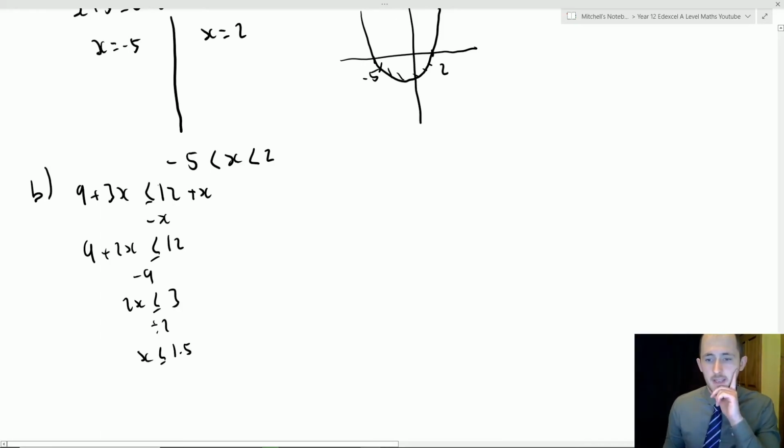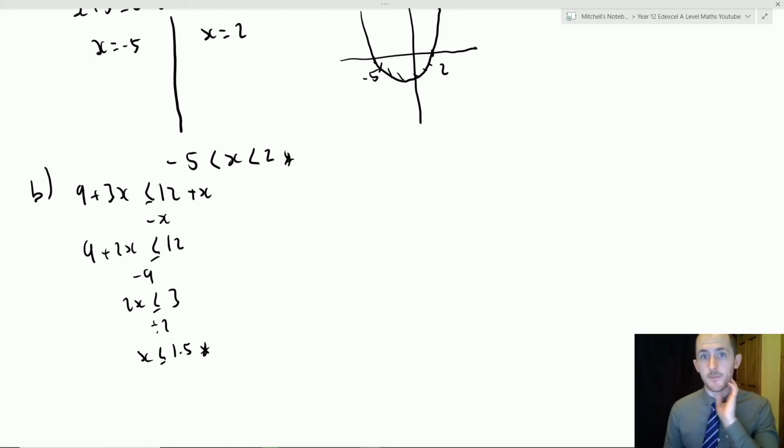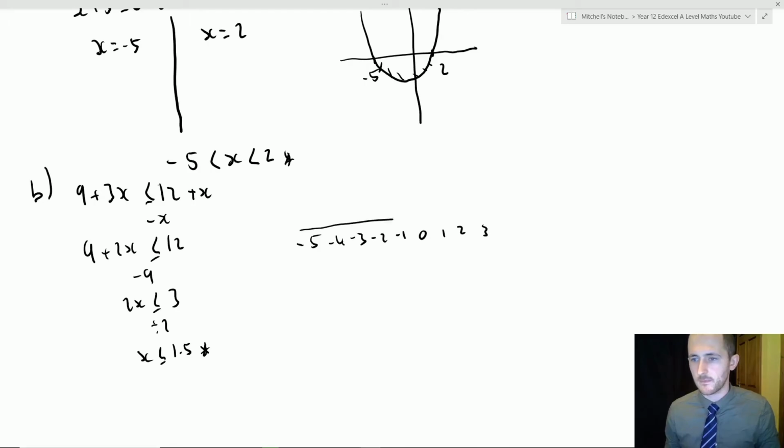So what we want is both of these inequalities to be true at the same time. So I would use a number line for this. So -5, -4, -3, -2, -1, 0, 1, 2, 3. So if I call this inequality 1 and this inequality 2, number 1 just says that it's less than 1.5 and equal to, so we need to shade it in if it's equal to. And it's all the values less than it.